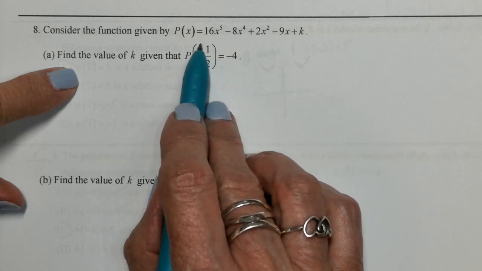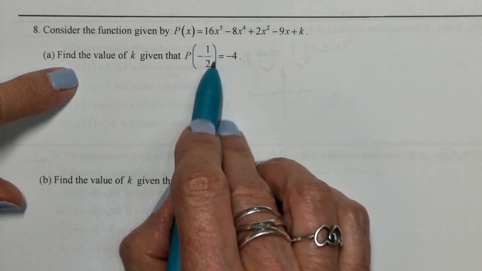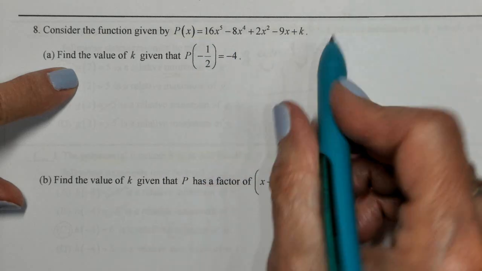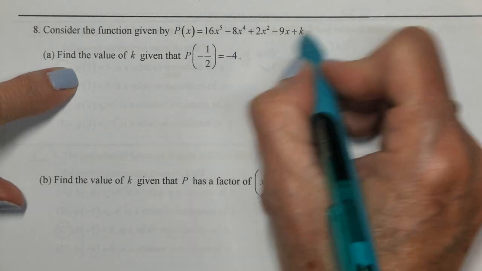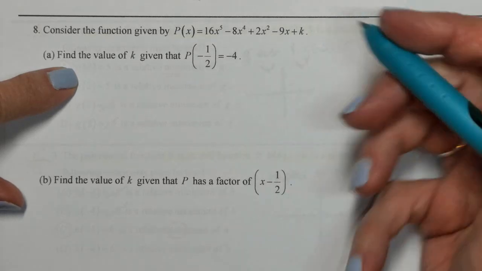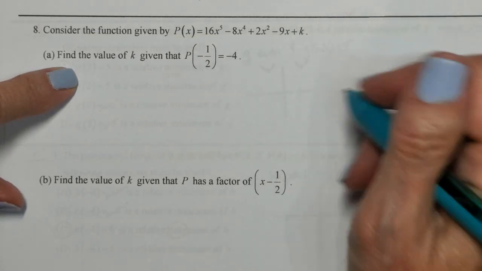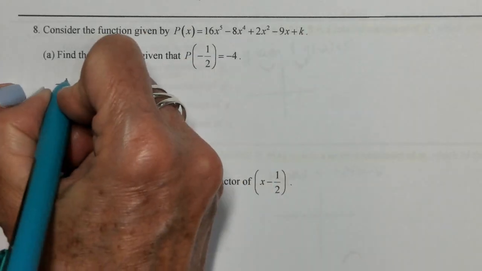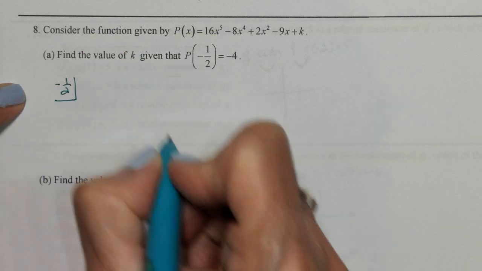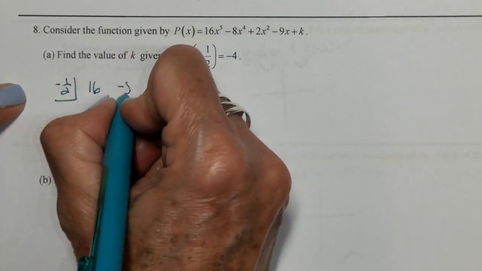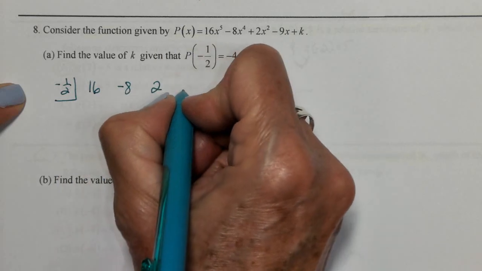So again, I could plug in negative 1/2 for every x, set this equal to negative 4, and find out what k is that way. Or you can use synthetic division. Either way is fine. I prefer synthetic division because it is easier arithmetic, and without a calculator, you want to simplify things.